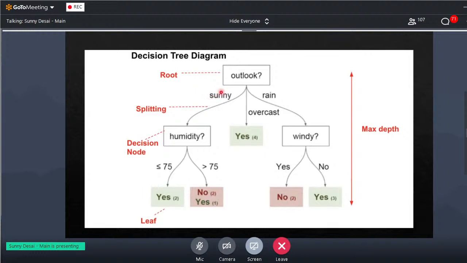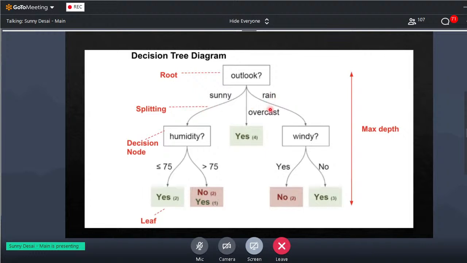Before outlook, what was the probability of sunny, overcast, or rain? The probability of the weather being sunny was 1 by 3, because there are 3 different possibilities, and all 3 of them, sunny, overcast and rain, are mutually exclusive, so they cannot occur at the same time.